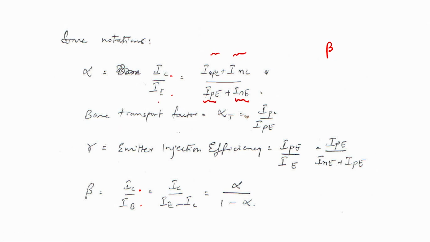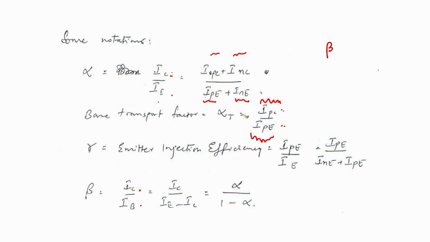There is something called the base transport factor, which only looks at the hole concentrations. Okay. What is the hole population that the collector collected divided by the total hole population the emitter emitted. It does not take into account the entire IC and IE, but it is a base transport factor. You know, how efficient was the base in transporting the holes in the case of a PNP junction.